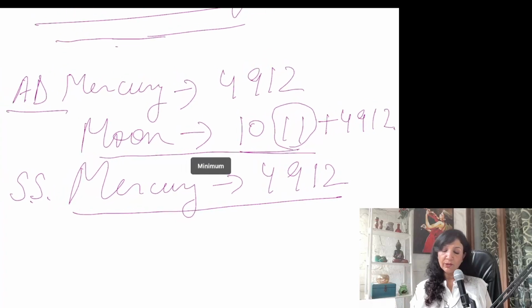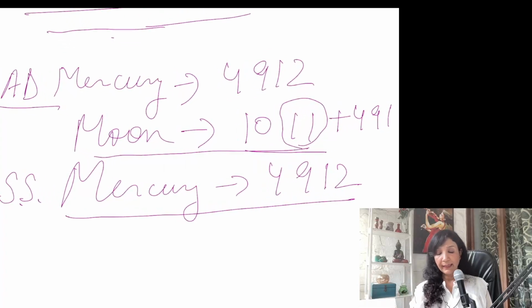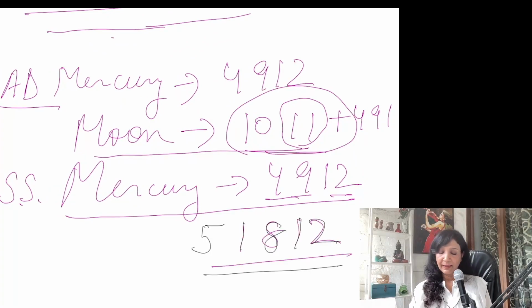And in KP Astrology, the sublord is very important. And if, like here we see 4, 9, 12, so it is neutral. It's showing investments. If Mercury would have shown 5, 1, 8, 12, then one would face financial loss, because this is showing loss.